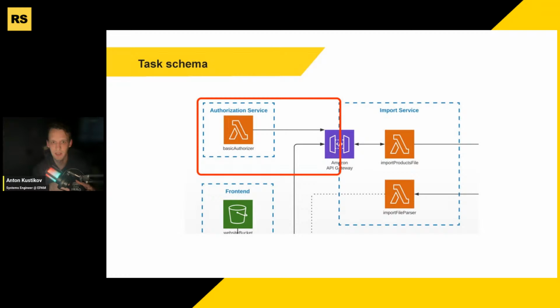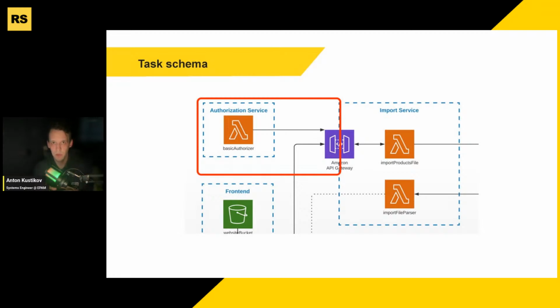Inside of this service there will be just one Lambda function, which will work with our existing API Gateway from the import service part of our application. This Lambda function will be triggered every time someone wants to upload a file to our application.